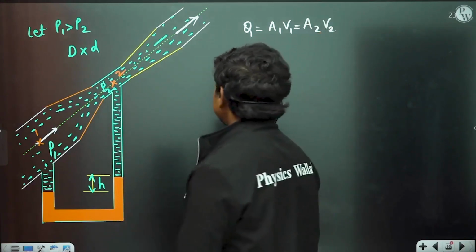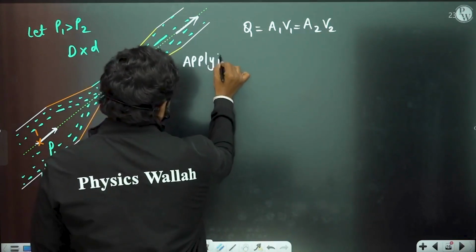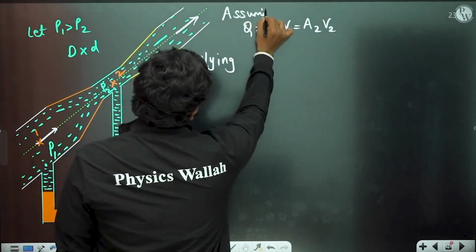Now let us see, applying Bernoulli's equation at points 1 and 2, assuming no losses, but normally there could be some frictional loss.